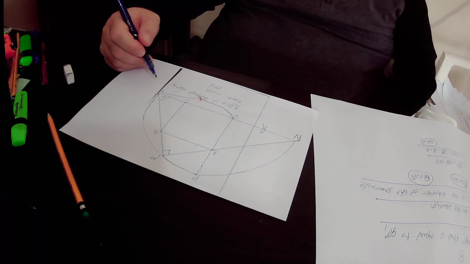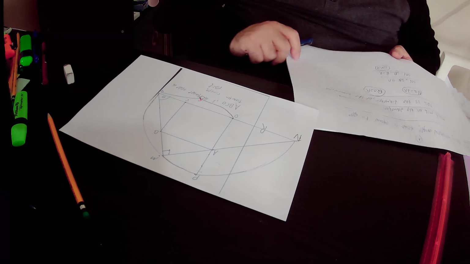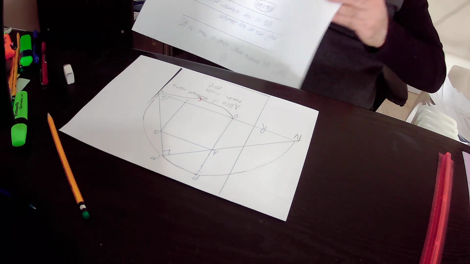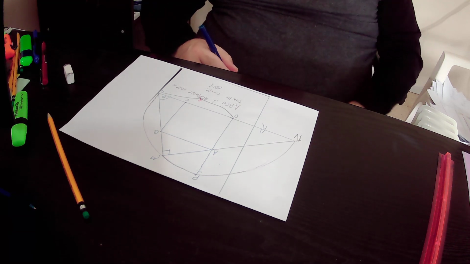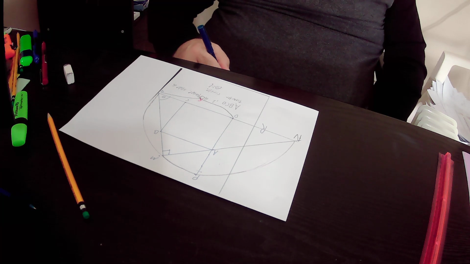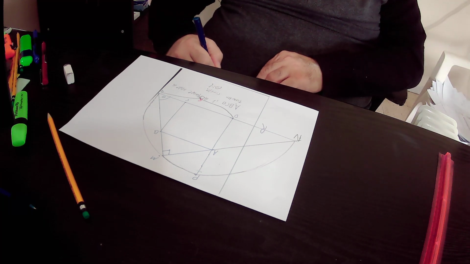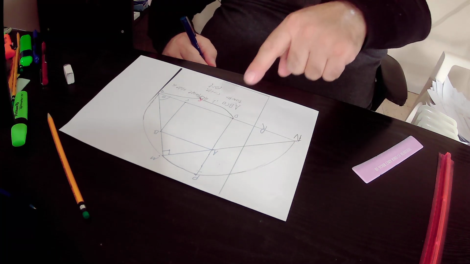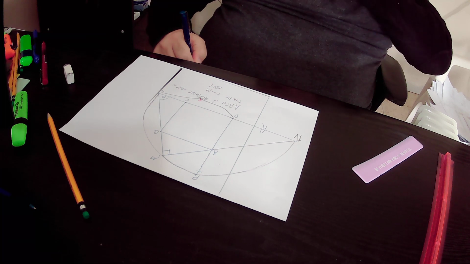So we will focus on the right triangle, triangle NMQ. In the right triangle NMQ, we know that the sum of the angles must be equal to 180 degrees. Which angles do we have inside triangle NMQ? We have here 90 degrees. We have also here angle theta.